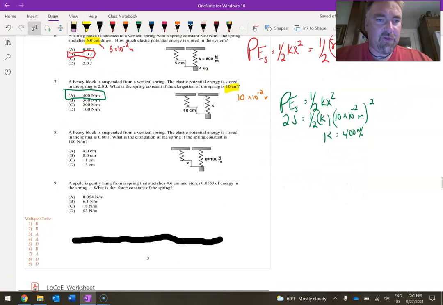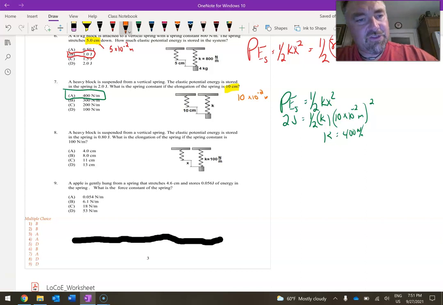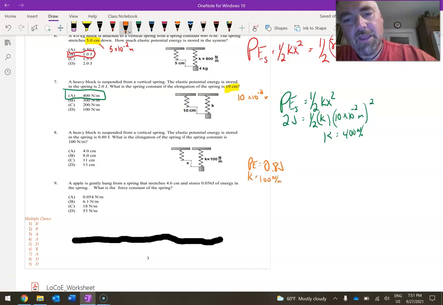And number 8, a heavy block is suspended from a vertical spring. Elastic potential stored in the spring is 0.8 joules. What's the elongation? The spring constant is 100 newtons per meter. So here we can go, all right, we've got potential energy is 0.8 joules is my PE. I know that my spring constant K is 100 newtons per meter, and I'm looking for delta X. We're looking for X. How far did it stretch?